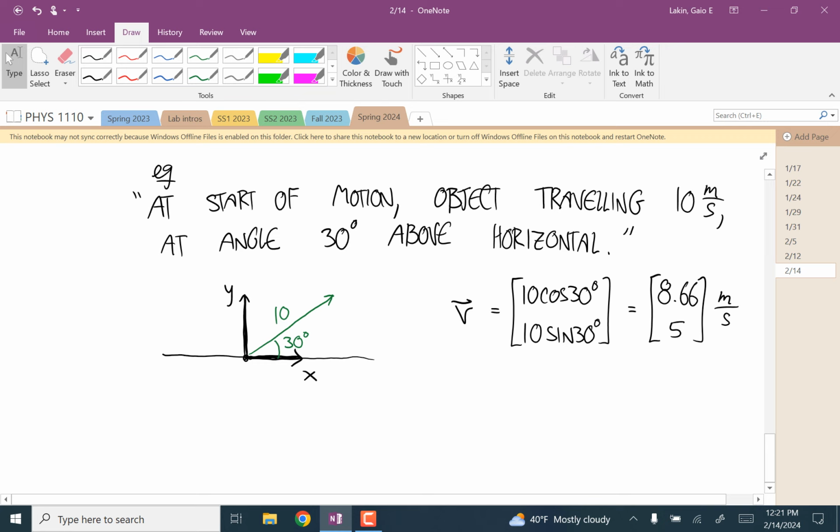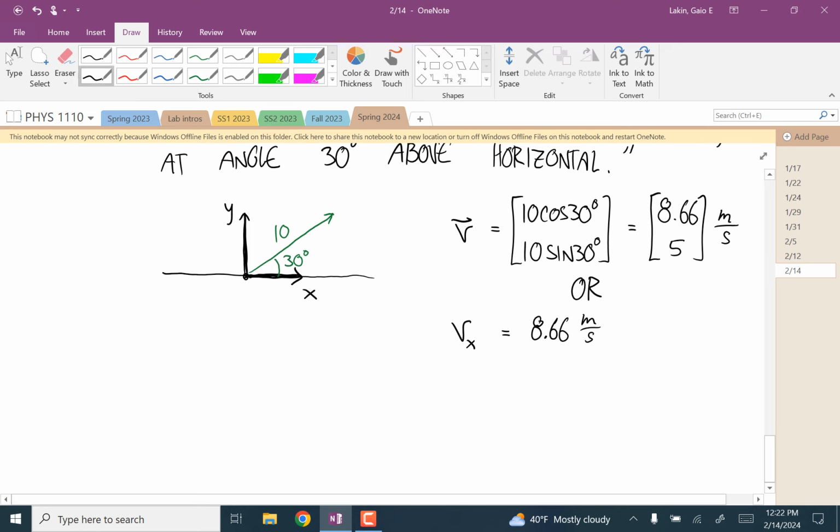Another way to say this would be to say that the x component of the velocity is 8.66 and the y component of the velocity is 5.